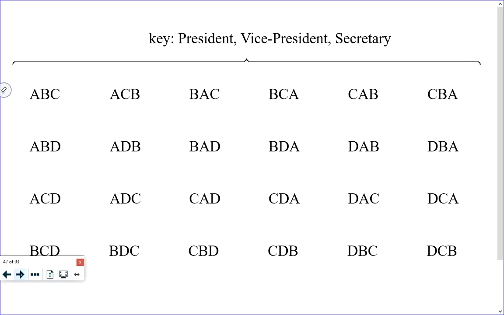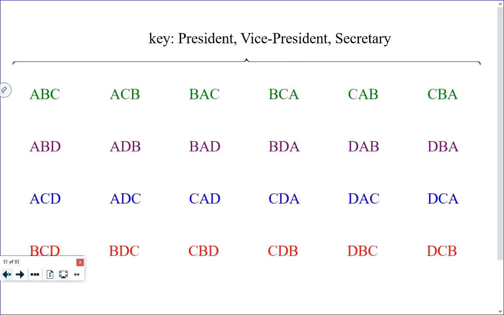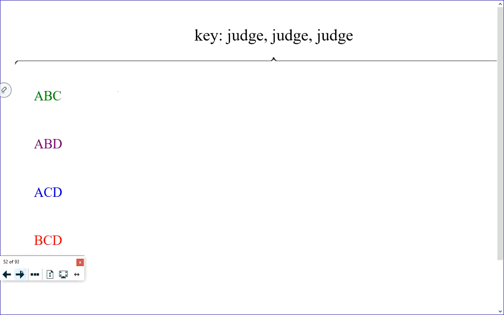So if this is president, vice president, and secretary, as soon as I go to judges, these groups collapse. The only unique combinations of those 3 people are Alan, Betty, and Charles; Alan, Betty, and Danny; Alan, Charles, and Danny; and Betty, Charles, and Danny. Every single other one of these is already including those 3 people. So the number of different ways to select 3 judges is merely 4.